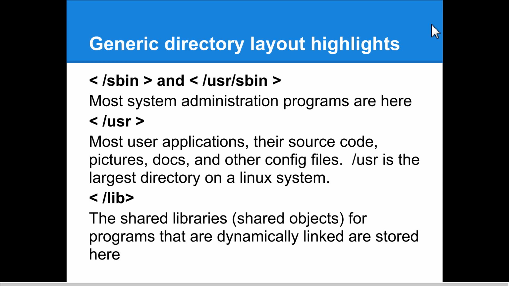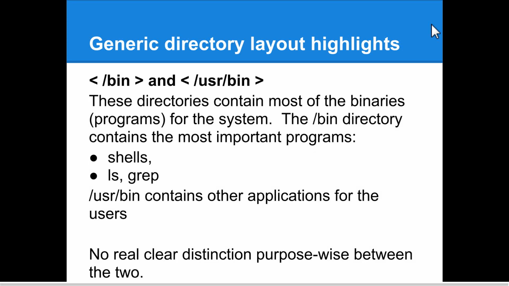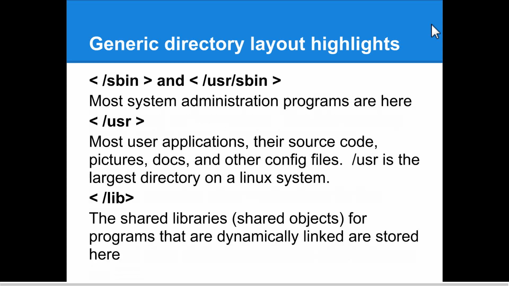/usr is where most user applications, source code, pictures, documents, and user configuration files are. /usr is usually the largest directory on a Linux system, and it also has its own bin directory.